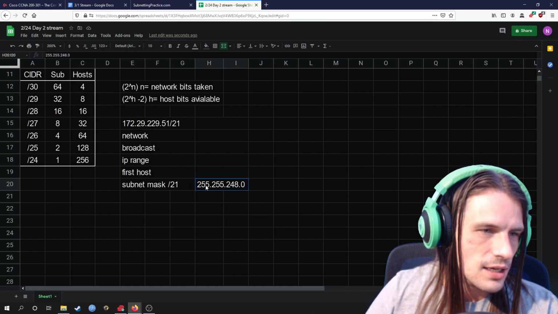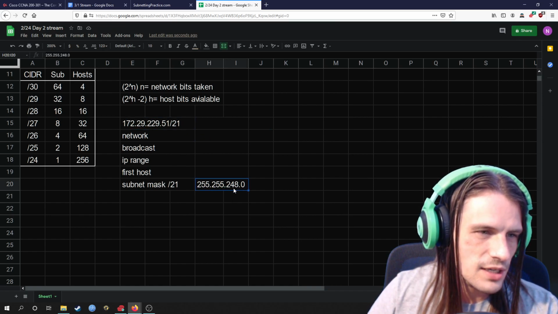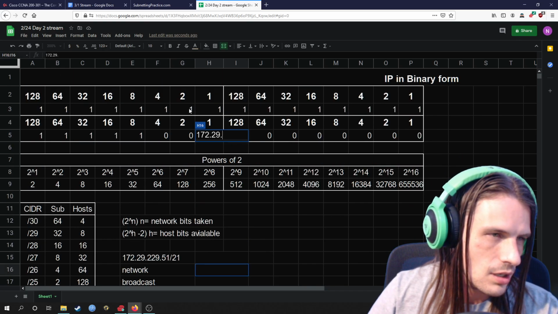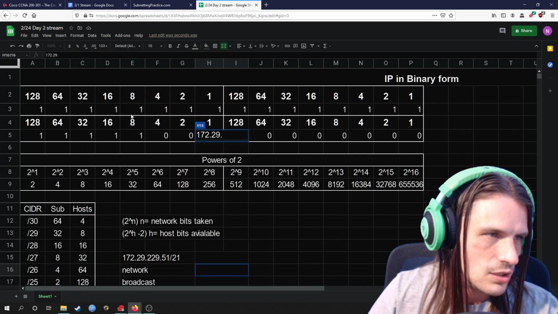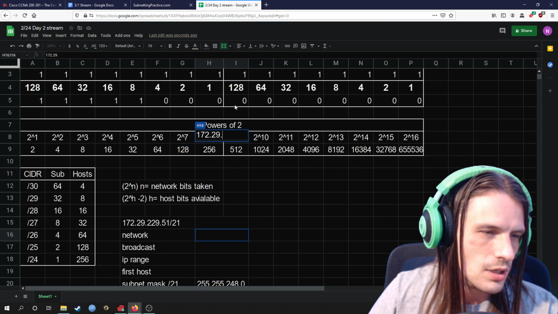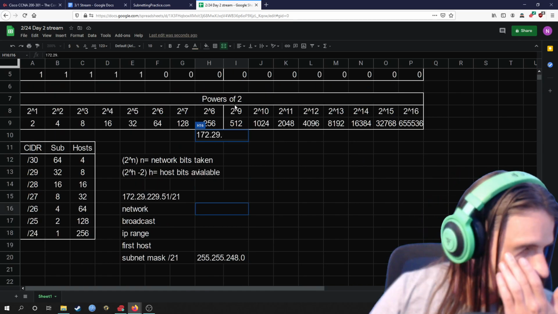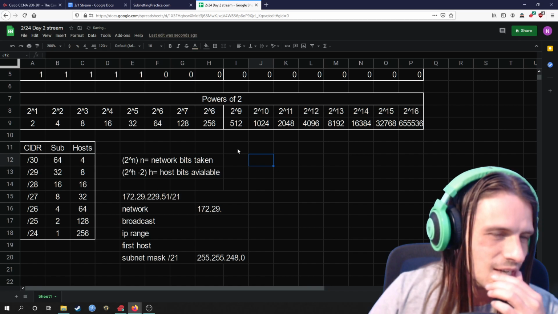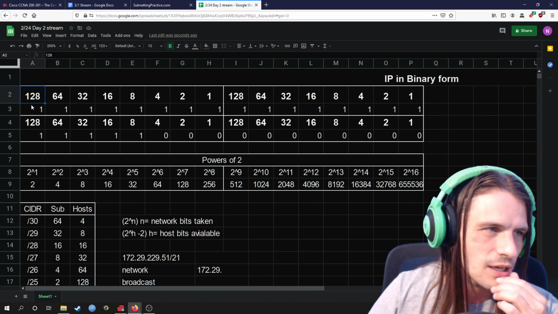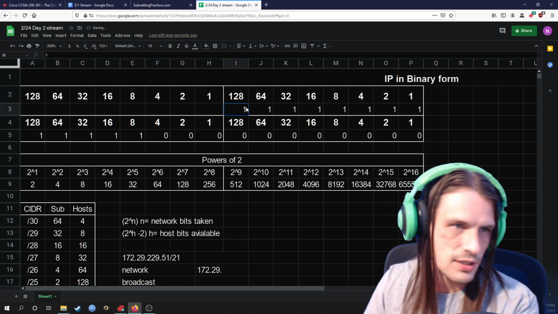So we know we're subnetting this in the third octet, right? So that means the network is going to be /21. One way to do the network that's kind of easy is we can use this same formula up here.